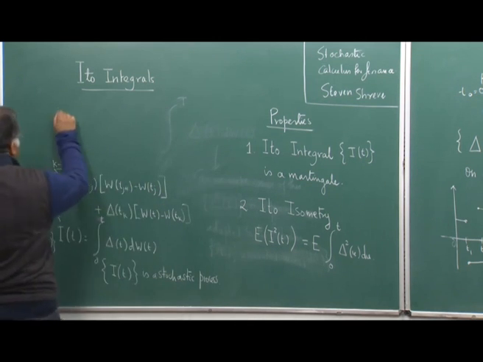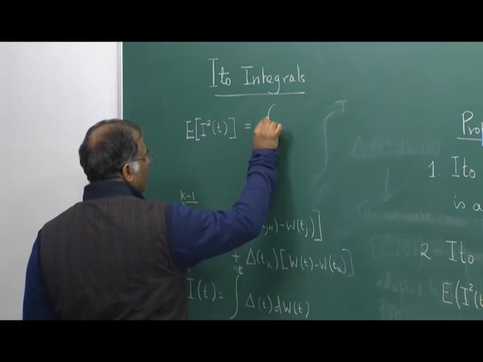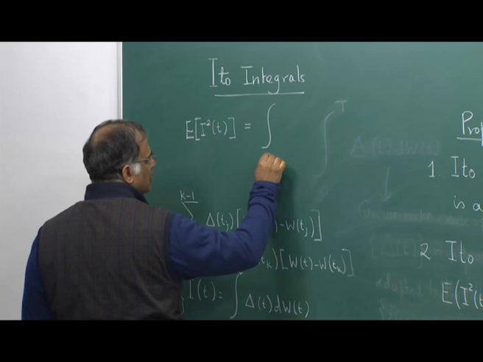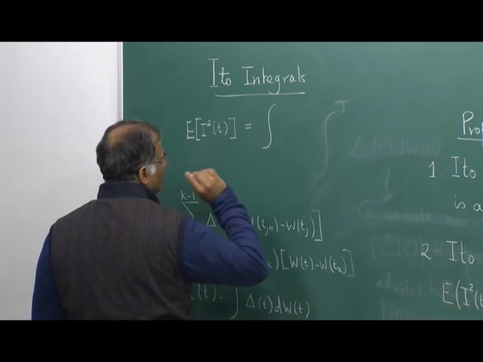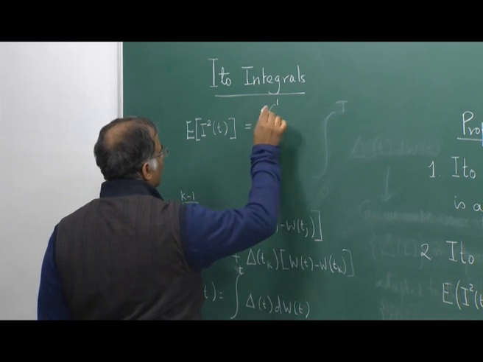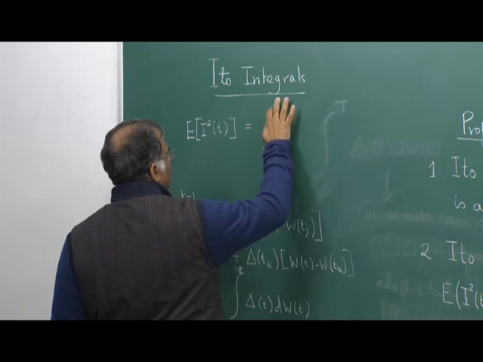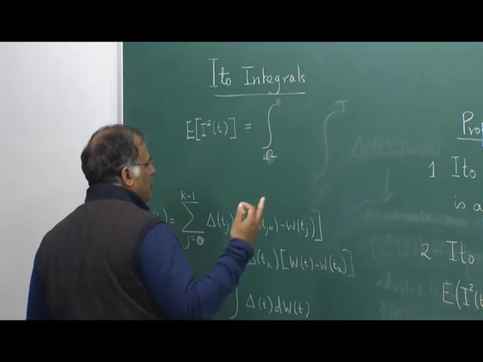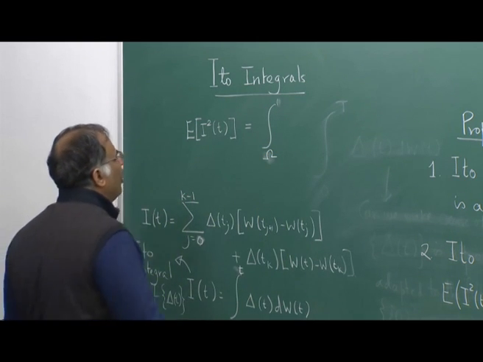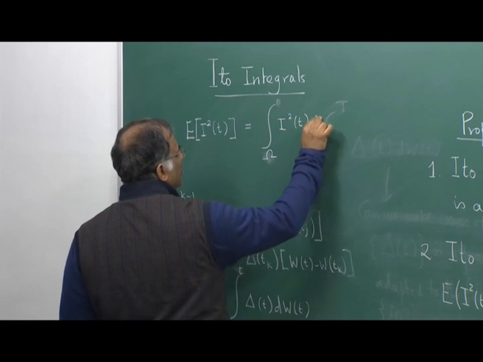If I write here as E I square t, this simply means integral over the sample space, whatever the sample space is, of I square t dP.